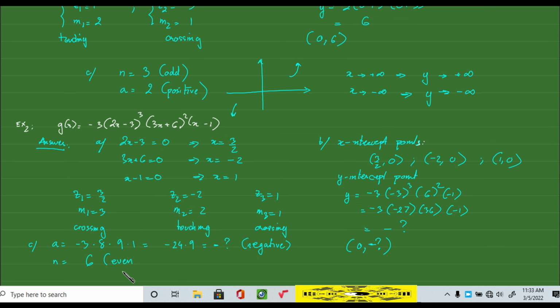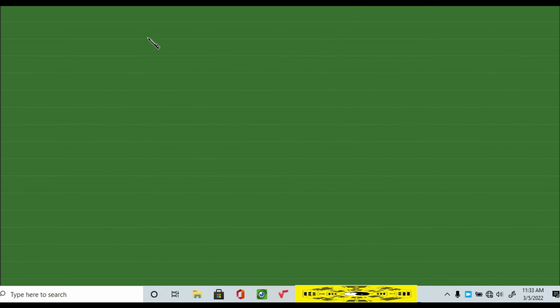So what will be our ending behavior? I don't have enough space over here. So a is negative and n is even. My sketch will be something like that. Wait, a is positive and n is even, so one branch goes up here, and the other branch will be like that.